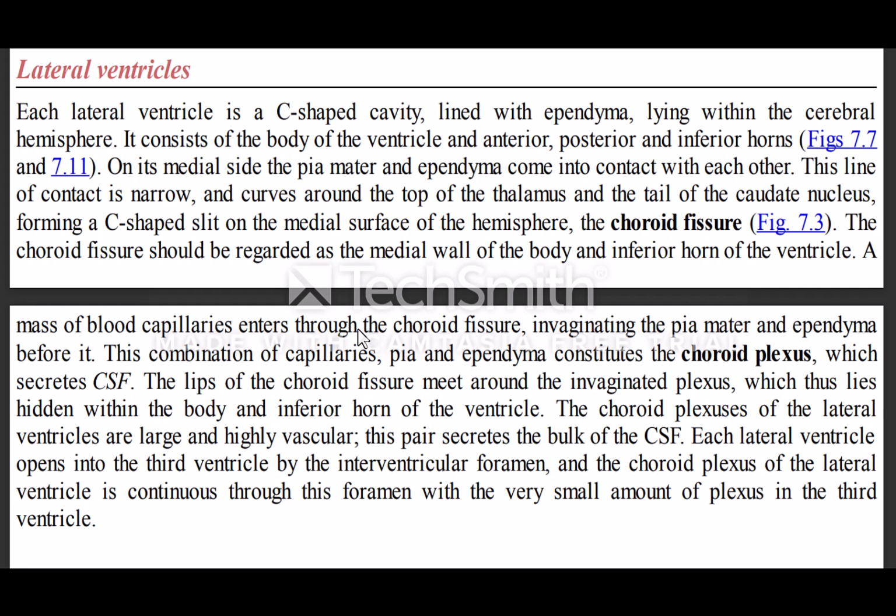Lateral ventricles are lined with ependyma, which is the cellular lining of the ventricles, lying within the cerebral hemisphere. The lateral ventricles consist of body, anterior and posterior horns, as we've seen. On the medial side, the pia mater and the ependyma come into contact with each other.